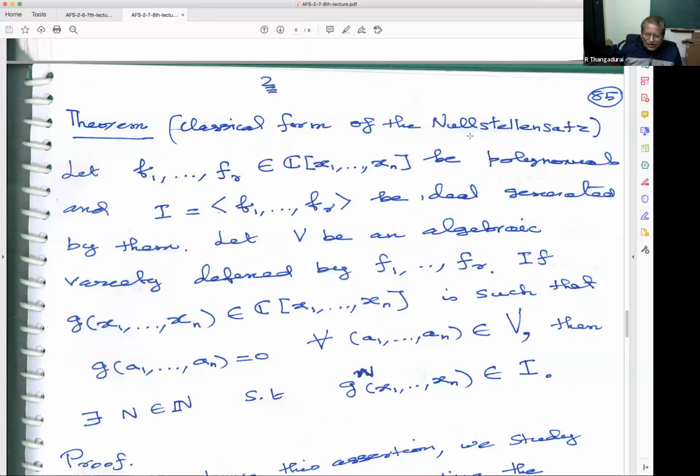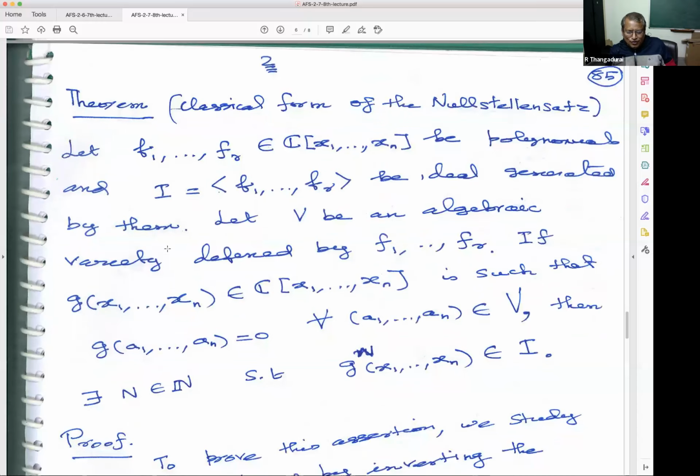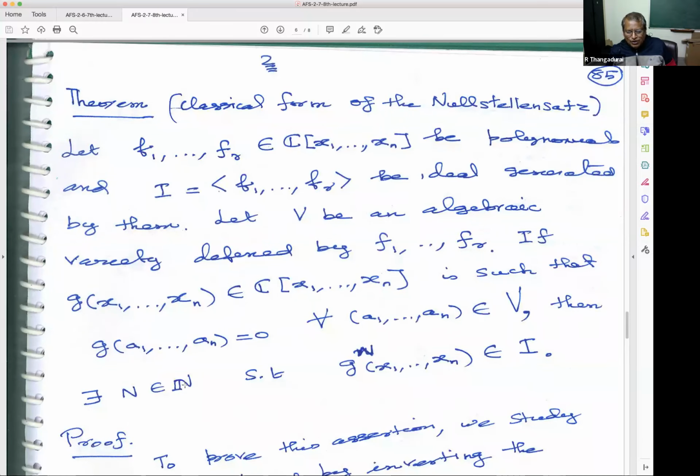Suppose there is some other polynomial G which vanishes on all points of V. That means G is a given polynomial such that G(a1, ..., an) is 0 for every tuple (a1, ..., an) belonging to V. Then some positive power of G should be inside the ideal: G to the power N is in I. We don't know what N is; N can be 1, or it can be something more.